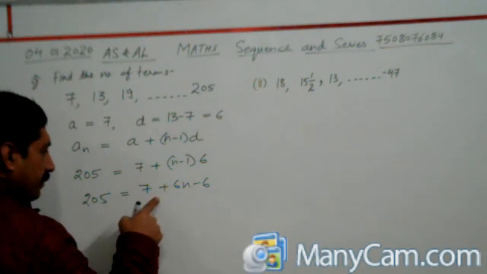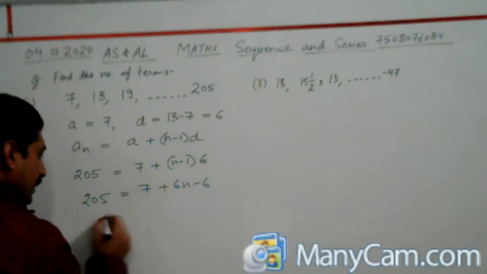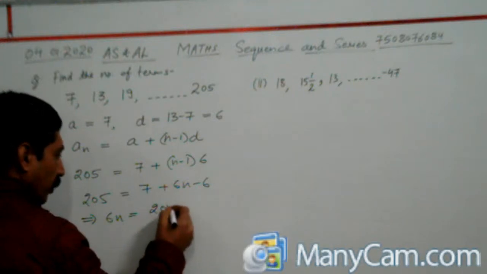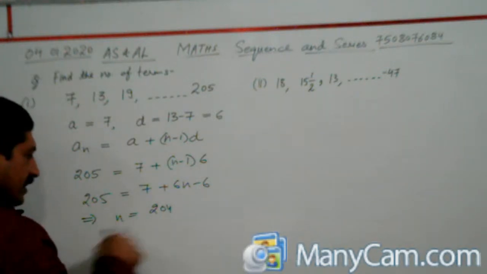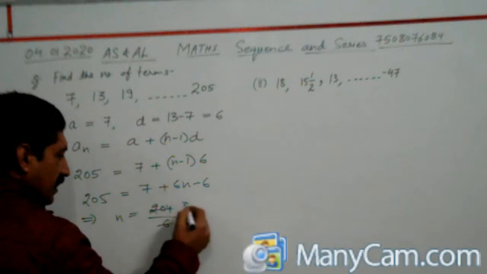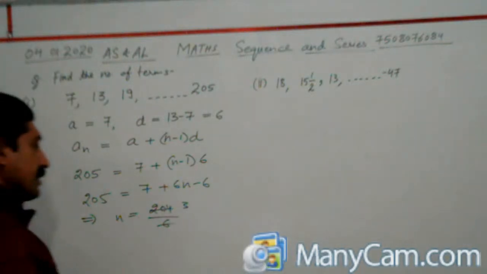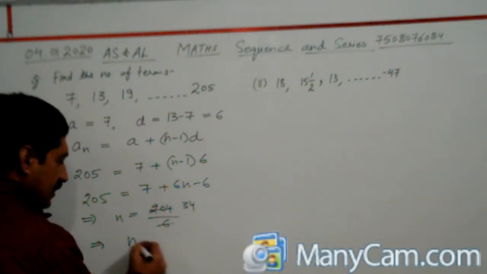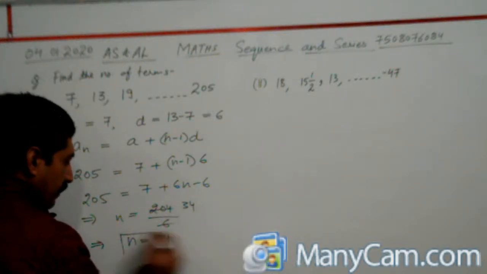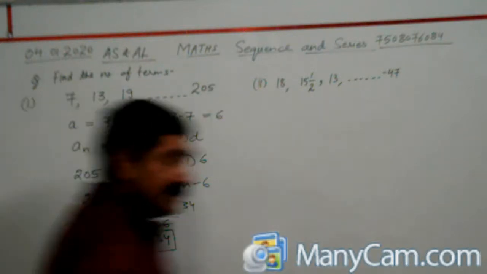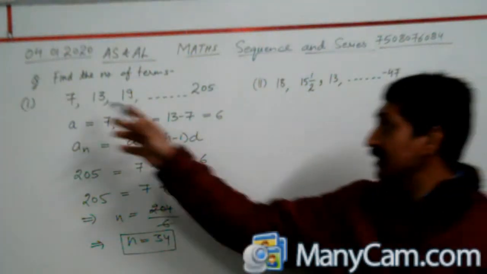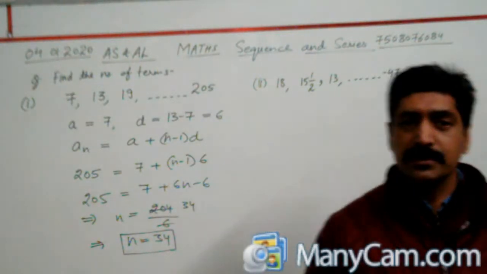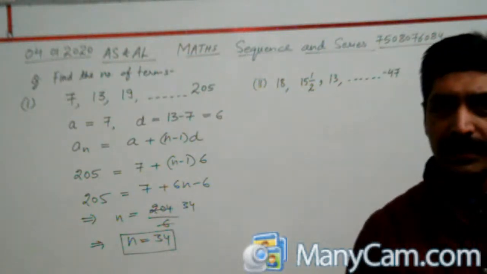So 6n is equal to 204, and 6 will divide this side. 6 3s are 18, 24, 6 4s. So the value of n for this case is 34. What is the value of n? 34. It means the total number of terms in this arithmetic progression, 7, 13, and so on, is 34 terms.